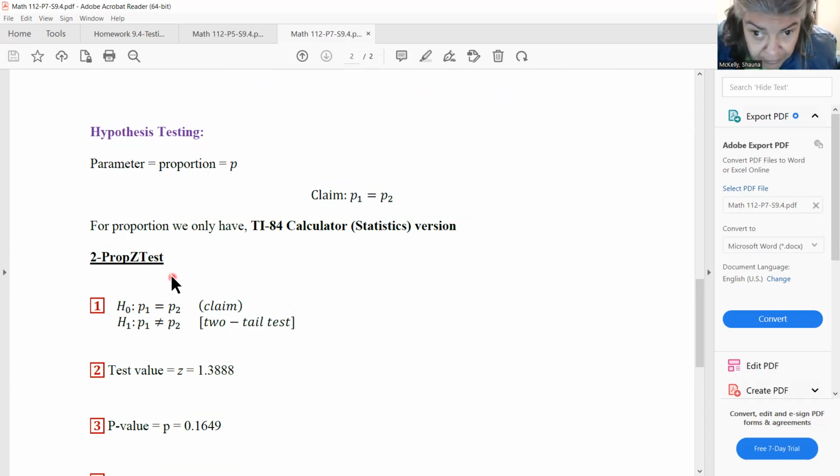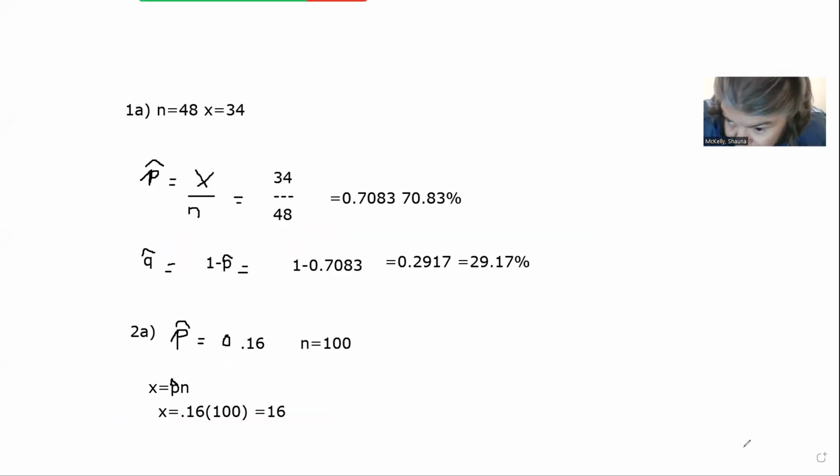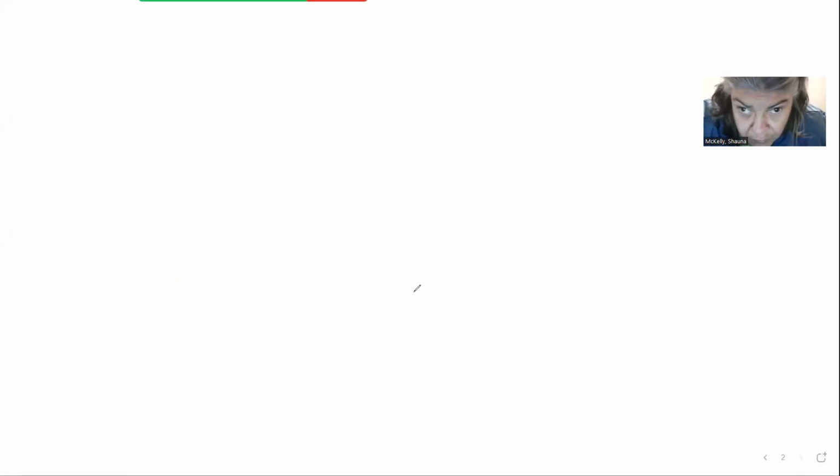It said, test the claim, if we go back, it said, test the claim that there is no difference in the proportion of men and the proportion of women, okay? So if you remember, here's how it looks. This is problem 3.